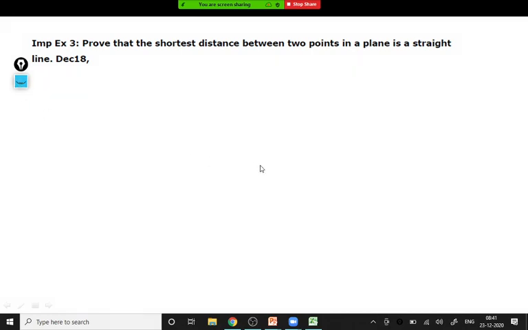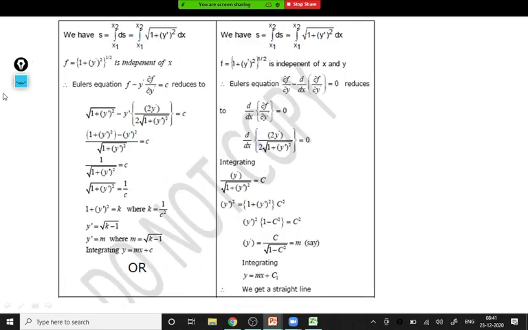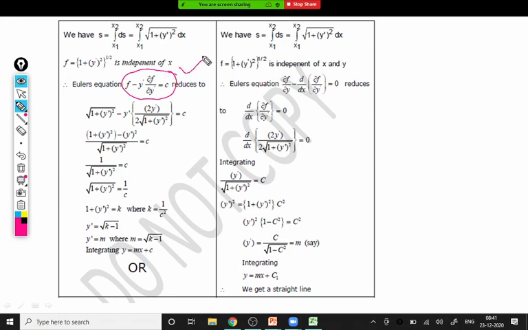So this is again solved both ways. If you see the solution I have given, it is both ways. The first part is given by the first formula, whatever we did right now, f minus y dash times ∂f/∂y dash. By this formula we got y equal to mx plus c. This is the way you can proceed.